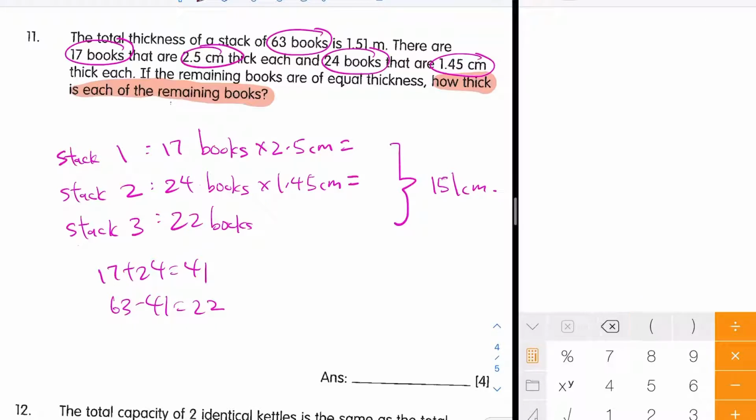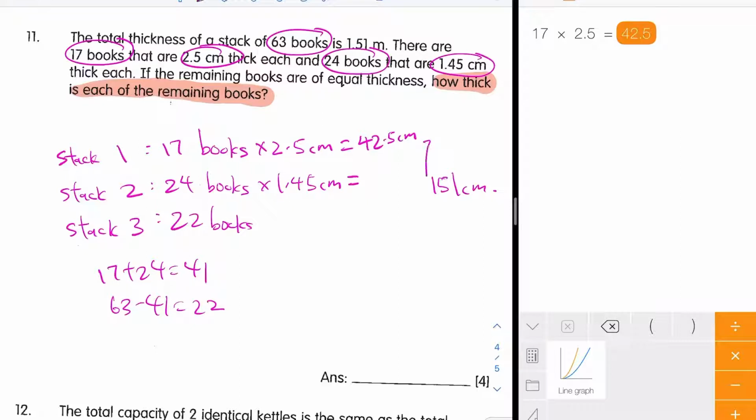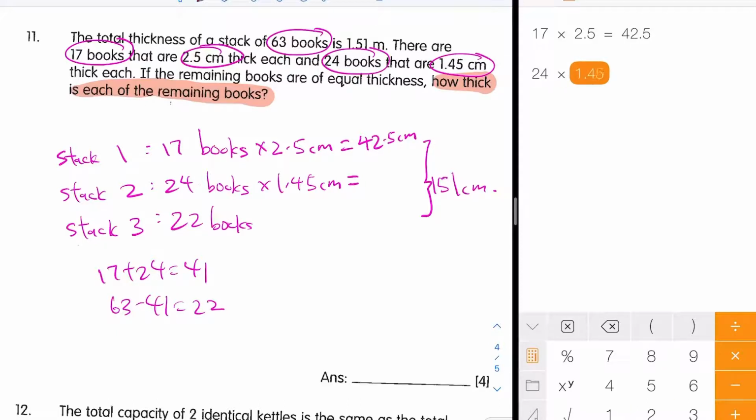So stack 1 is 17 times 2.5, which will give you 42.5 cm. Stack 2, we have 24 times 1.45, which is 34.8 cm. So what's the stack here? How many cm?